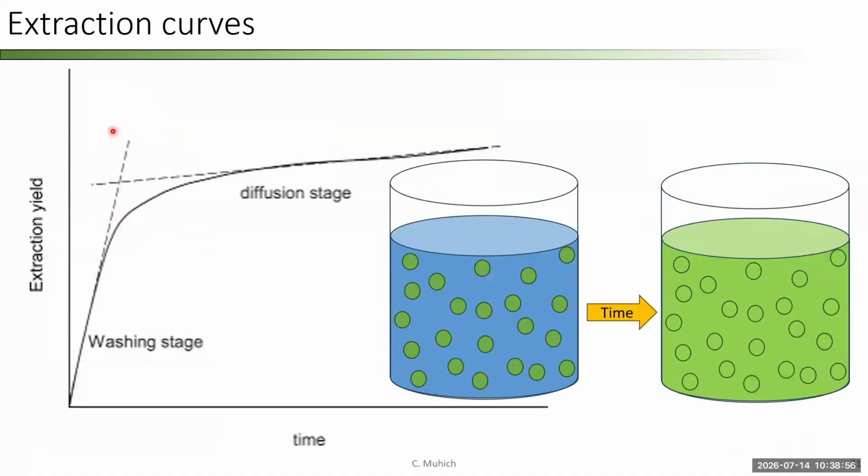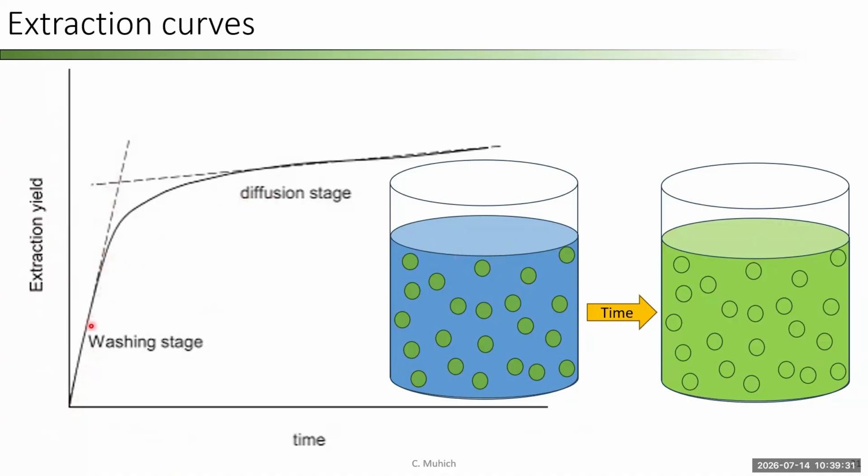Okay, so once again, this doesn't happen all at once, right? If I take those ground particles and put them in solution, it's going to take some sort of time for the menthol to accumulate in the solution. We can generally plot this as the extraction yield on the y-axis over time, and I can take measurements of the solution and see how much I've pulled out over time.